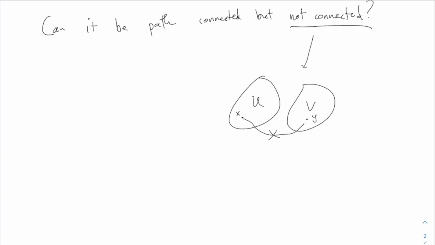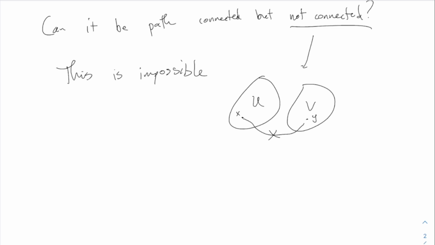In fact, could I say even more specifically? It seems to me if U and V make a separation of the whole thing, then those same U and V should separate the path, right? But you can't separate a path because it looks like an interval. So this is my idea. I feel like this is impossible. I want to do the actual proof of this, but it's basically what I said. There's not all that much detail that goes into it. This is impossible.